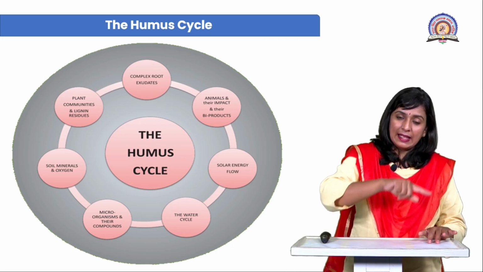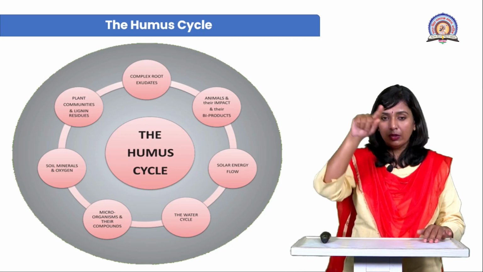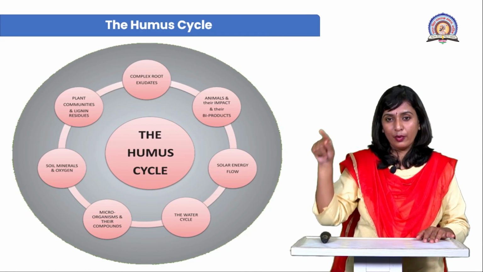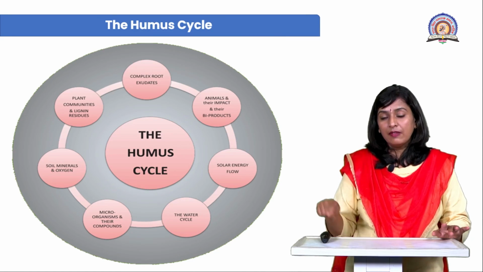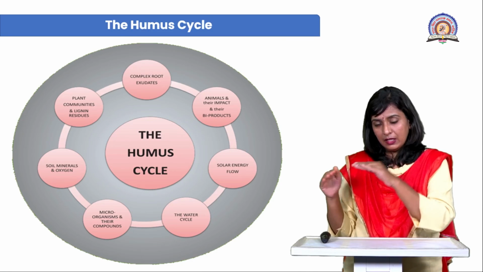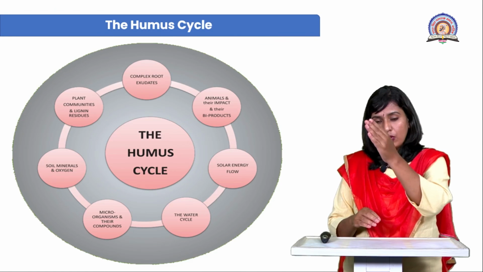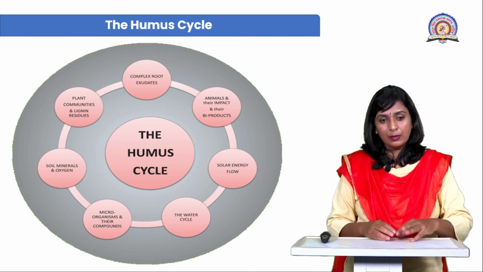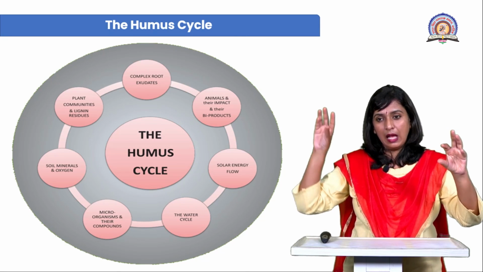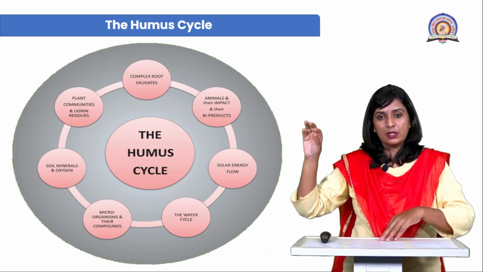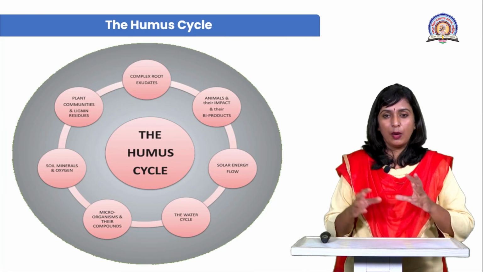Okay, so this cycle is going to continue. The nutrients keep on revolving in the environment through organic to inorganic, again to organic to inorganic by the mediators of the plants, animals, and microbes. Plants, animals, and microbes are decomposers.